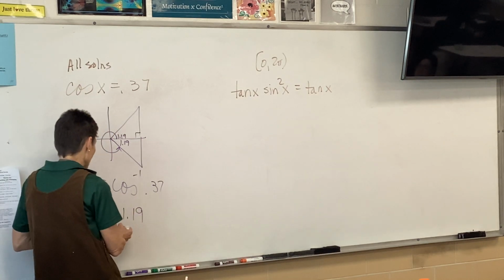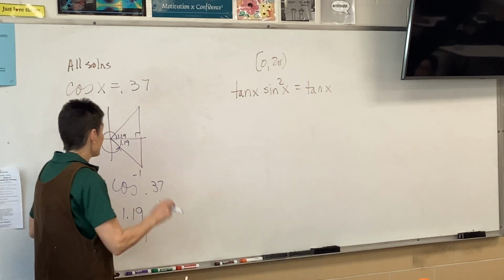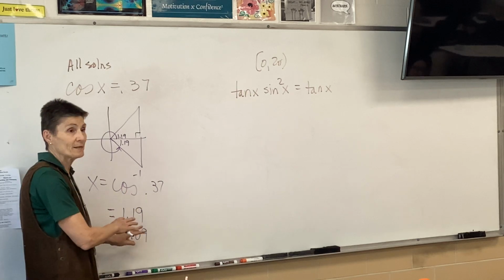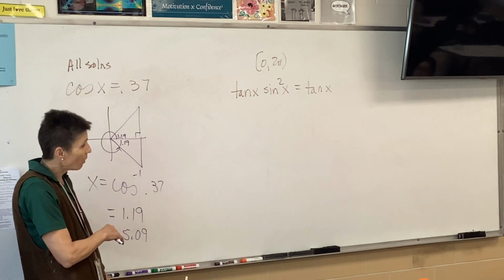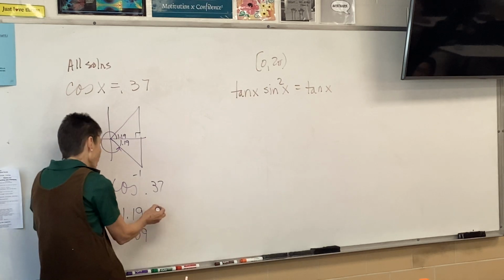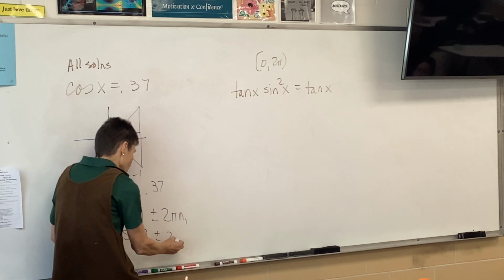So 5.09. Now, in between, if the directions had said 0 to 2 pi, that would be it. Those are the two angles. But it says all the angles. So we need both of these along with all of their coterminal angles.